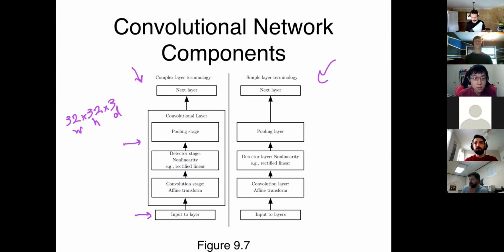Which has some subcomponents, right? So it has some stages. The first one is the convolutional stage, which does this convolution operation that we discussed.